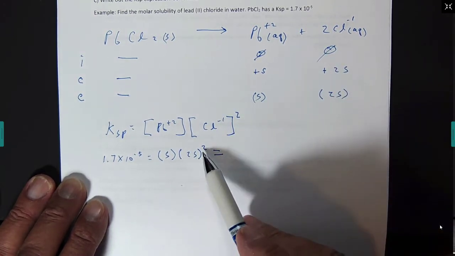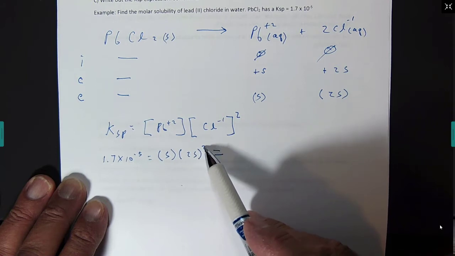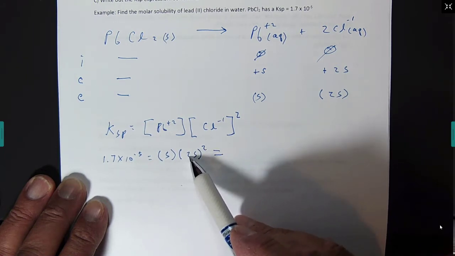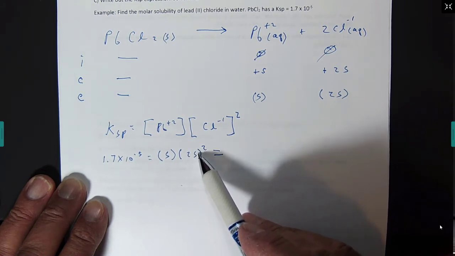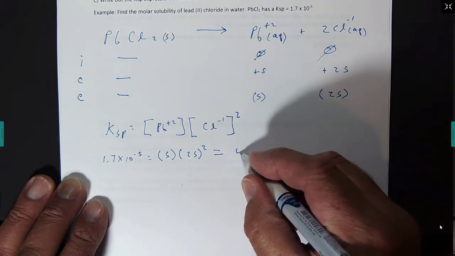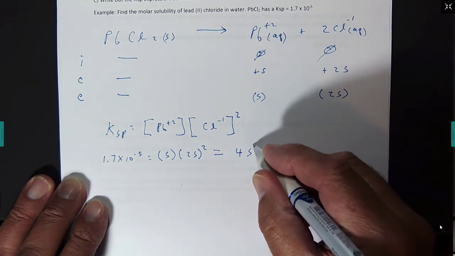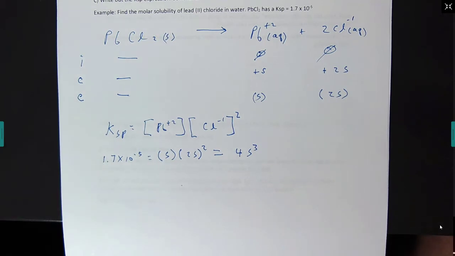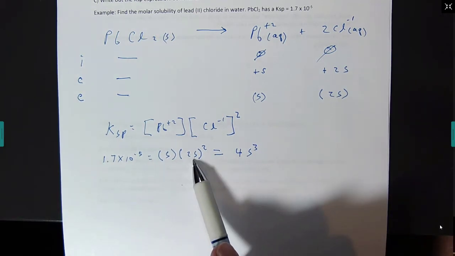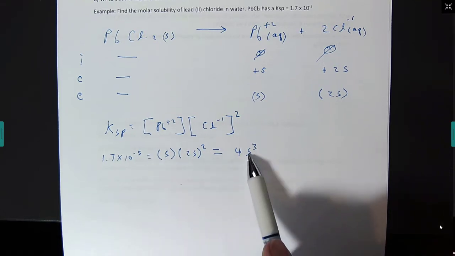When I square this, I have to square that S. I have to square that 2, so 2S squared becomes 4S squared, times S. The whole thing is 4S cubed. So this term times this is, boom.